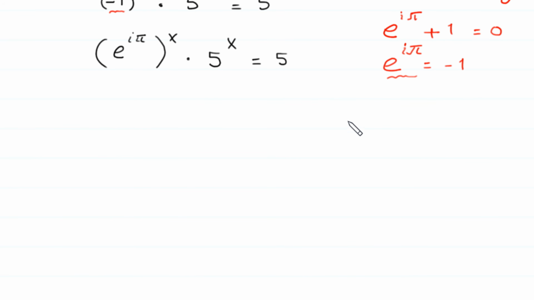Next, according to the property of exponents, a to the power m whole to the power n is equal to a to the power m times n. This power i pi will be multiplied by this power x. e to the power i times pi times x times 5 to the power x is equal to 5.